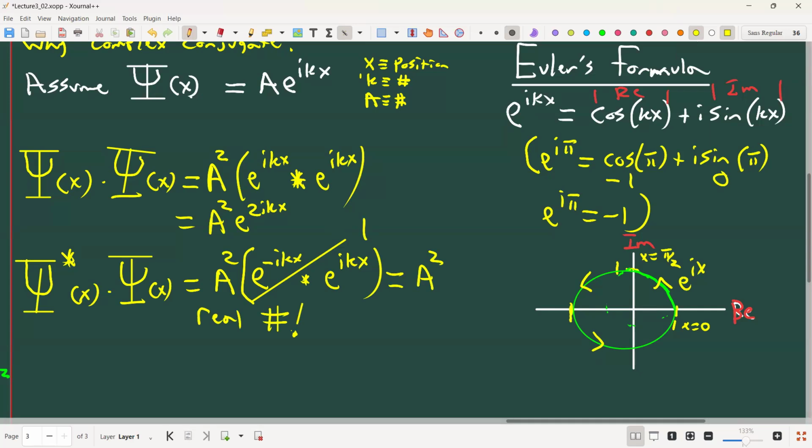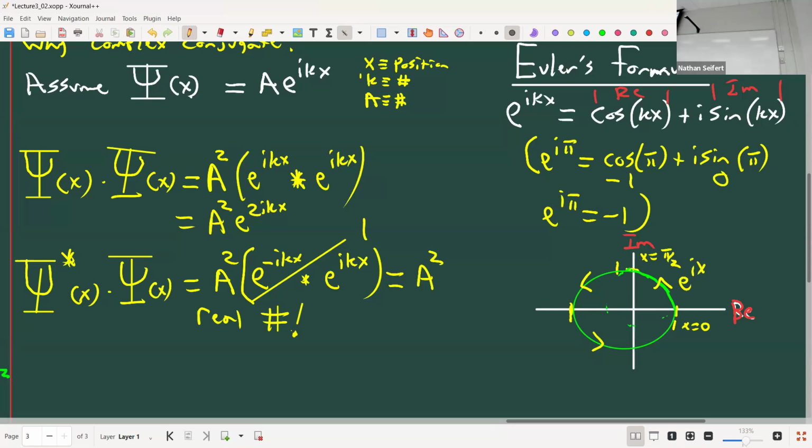So why do we do this? Again, we have some object, and when something's complex, what that means is that it's rotating in a circle, in this kind of weird way. It has this oscillatory behavior that we represent with complex numbers. And e to the ikx is this counterclockwise motion. Well, we can't measure this motion ourselves. So when we look at the system, we don't know if it's moving clockwise or counterclockwise. We can't tell the difference.